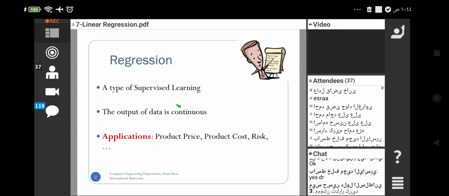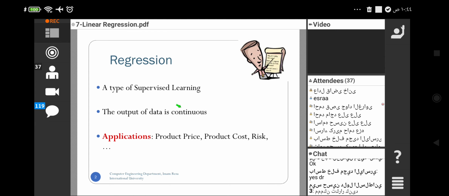So we have data, for example, about the price of houses, and each house has some features: the address of the house, the number of rooms, the options, the age. These are the features of the house. And then we have a price. In learning, when we want to predict the price of a house, we have to find a relation between the price and the features of the house.